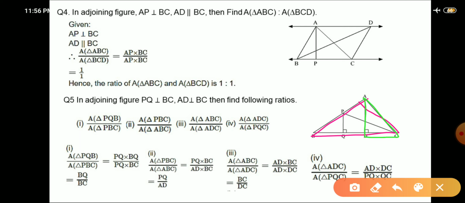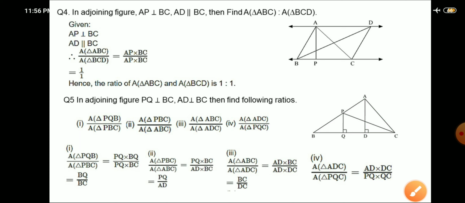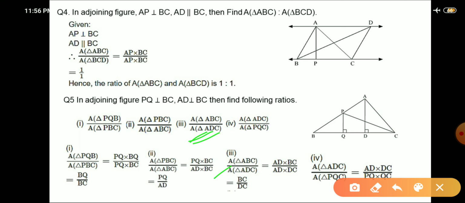Here we notice that A is the common vertex between the two triangles and their bases are collinear, hence their heights are equal, or congruent. Therefore the ratio of these two triangles is equal to the ratio of their corresponding bases. The ratio of the area of triangle ABC upon ADC is equal to AD into BC upon AD into DC.